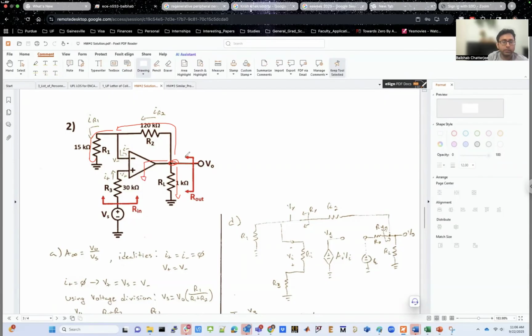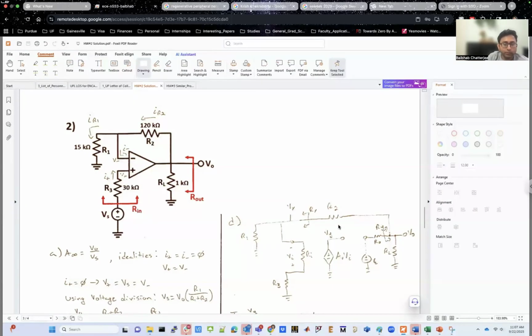And if there is a zero resistance path, all the current will just go through the zero resistance path. So there would be no current going through the R1 and R2 resistances. There will be no current going through the RL resistance as well. So the RL resistance has absolutely no effect when you're trying to find out R out, because no current goes through it if this is an ideal op amp. So all the current goes through the op amp itself, and that's the reason why your R out is equal to 0.